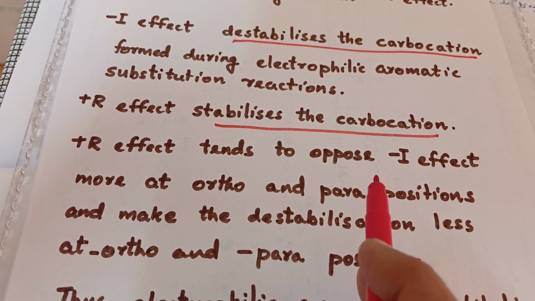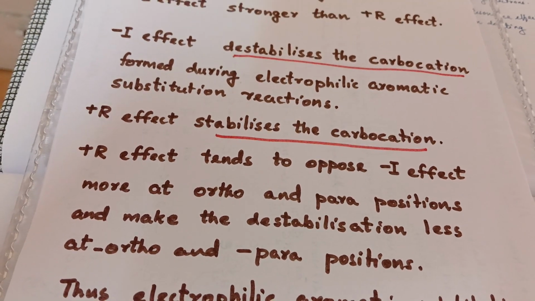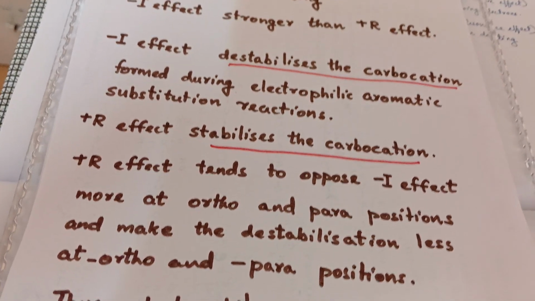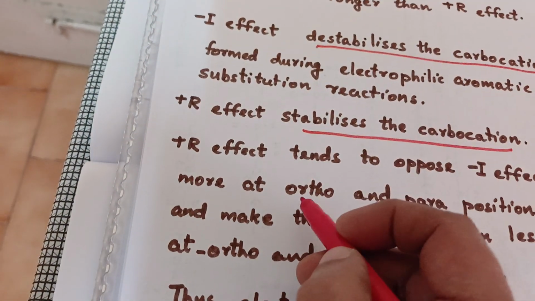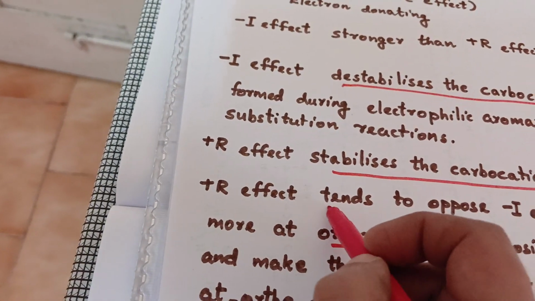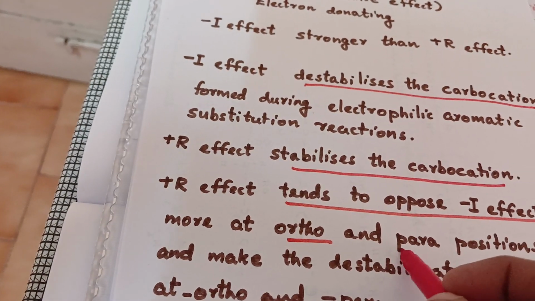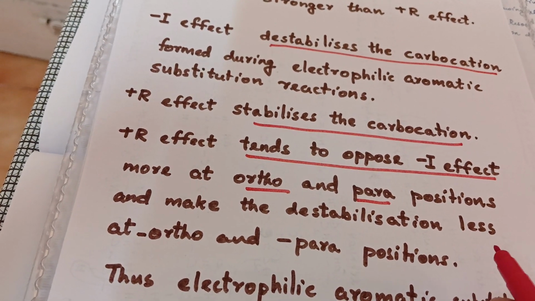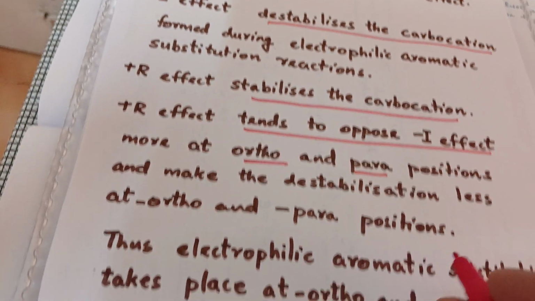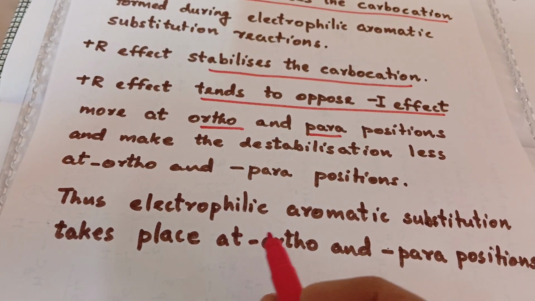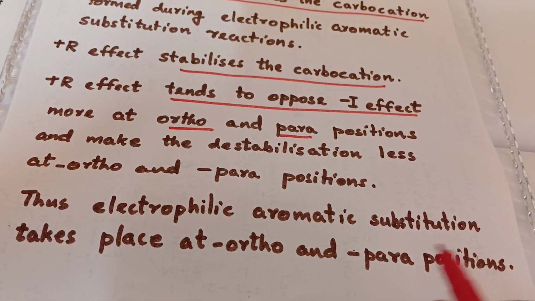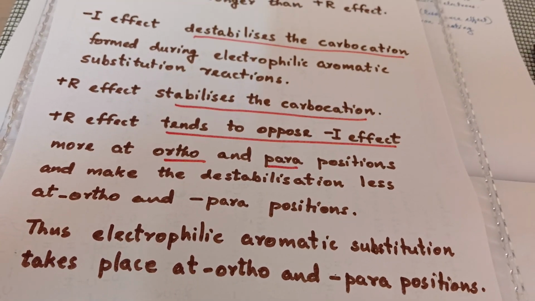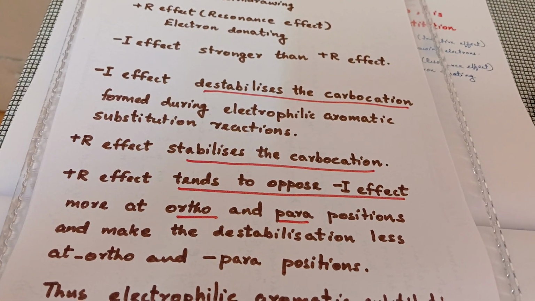Plus R effect tends to oppose minus I effect more at ortho and para positions. So it tends to oppose minus I effect at ortho and para positions and make the destabilization less at ortho and para positions. Thus, electrophilic aromatic substitution takes place at ortho and para positions.